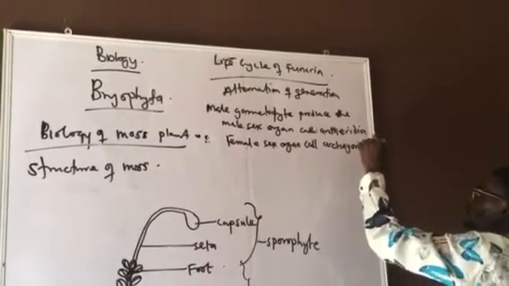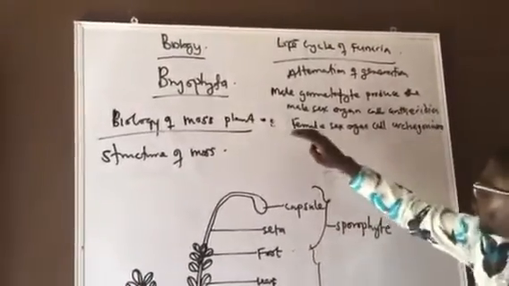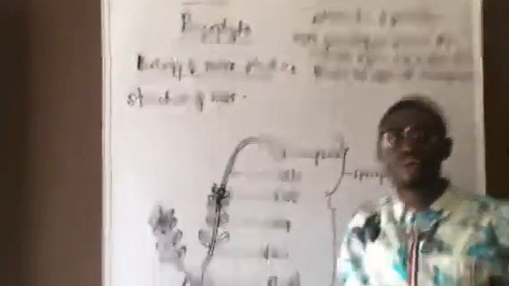So the male sex organ is the antheridia, and the female sex organ is the archegonium.